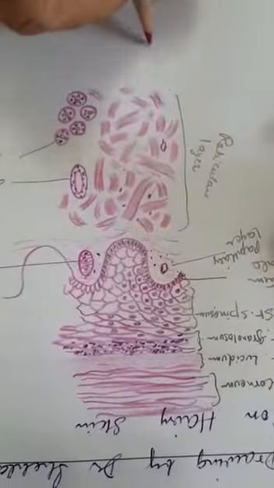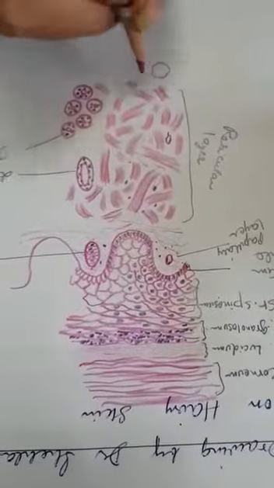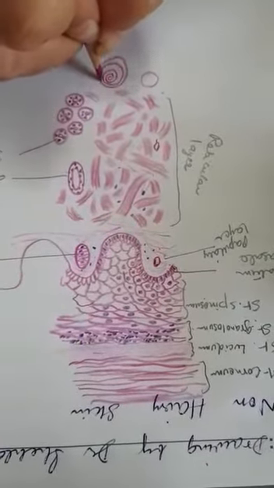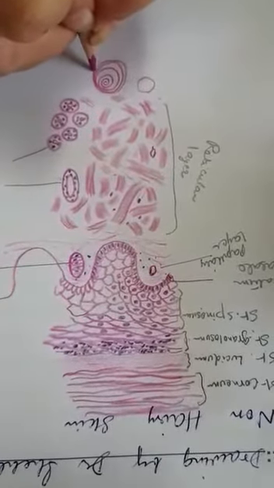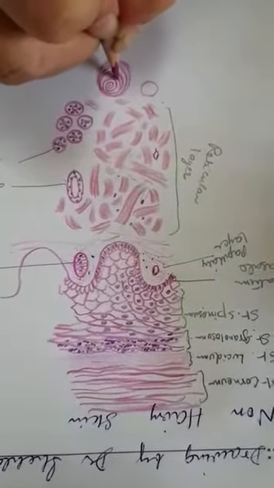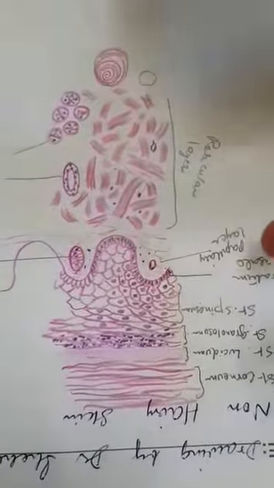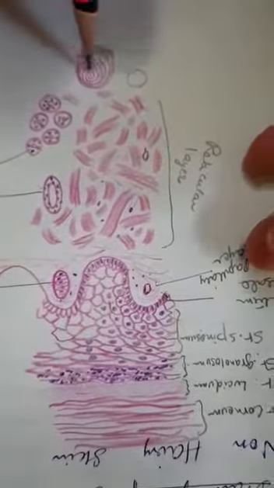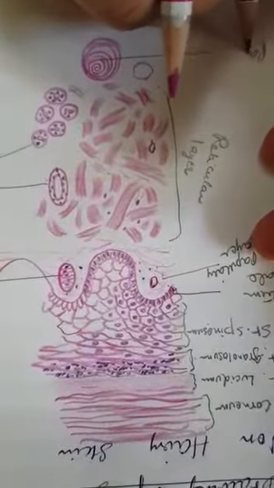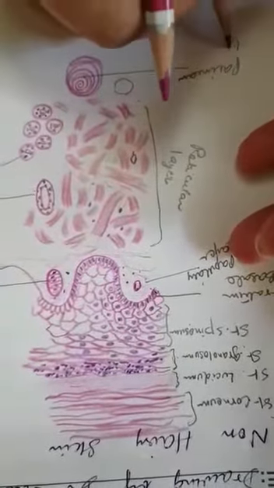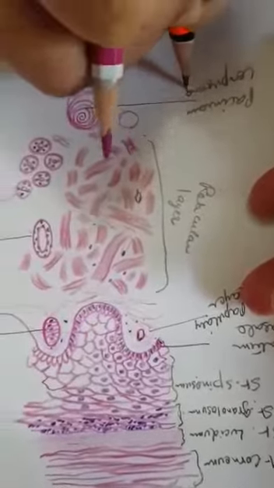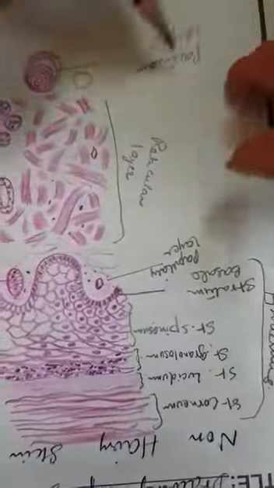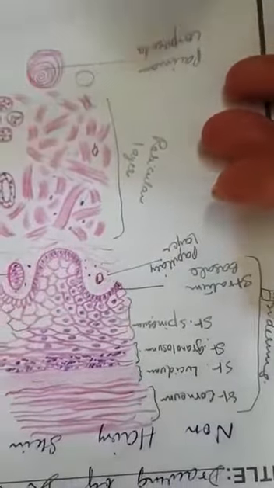Lower down, there is this cut onion ring like appearance, sliced onion appearance, of Pacinian corpuscles for touch. These are the Pacinian corpuscles. Again, these are the nerve endings for pressure.